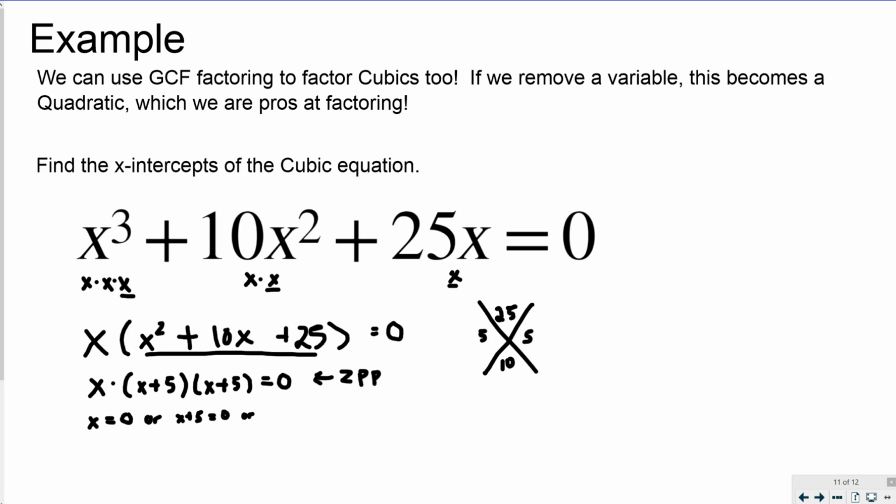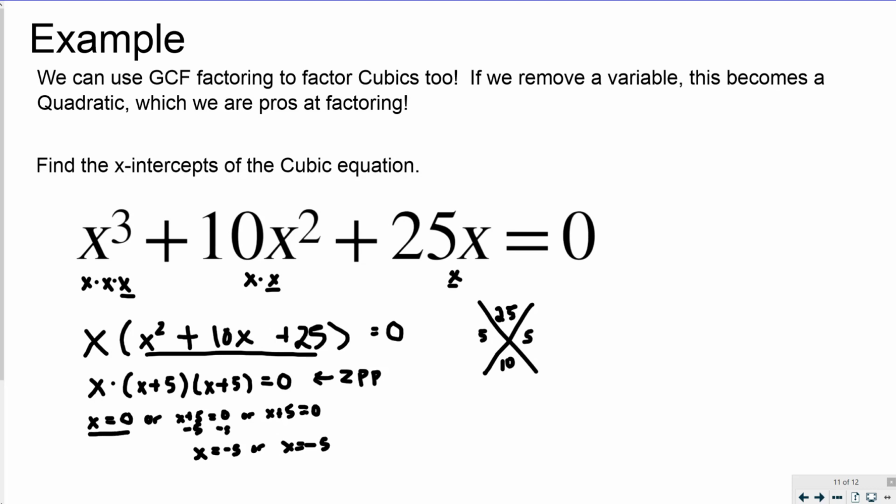Or, finally, this x plus 5 equals 0. x equals 0 is already solved. So subtract 5 from both sides. You know how it turns out: x equals negative 5, or x equals negative 5 again.